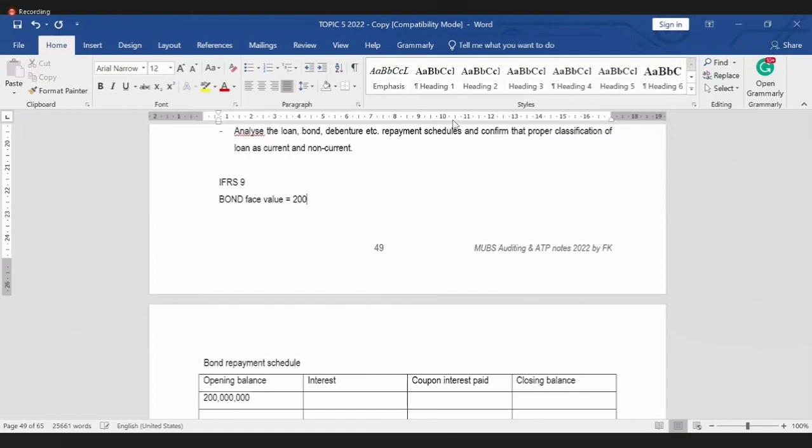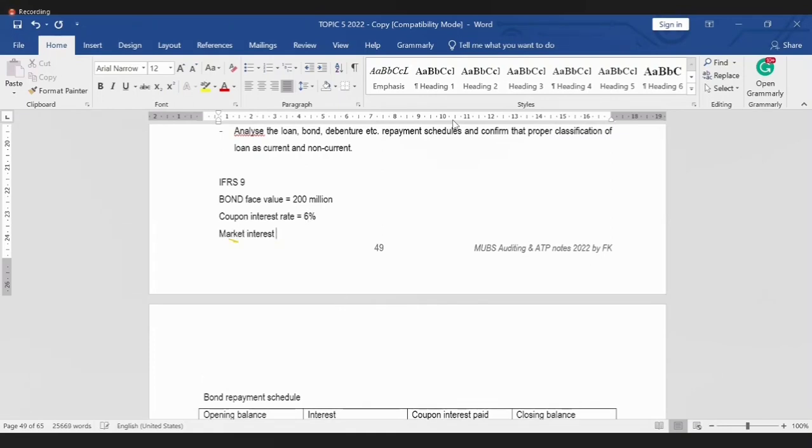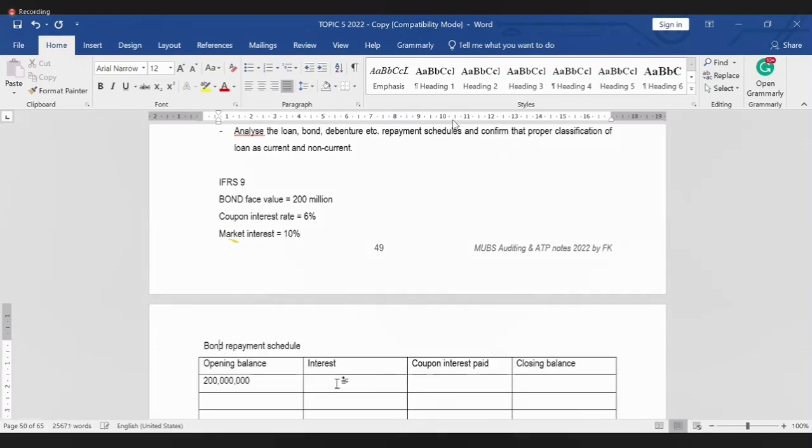Then the coupon interest rate is 6%, and the market interest is 10%. So you're preparing a repayment schedule. So you find this is 10% market interest, by a coupon of 6.